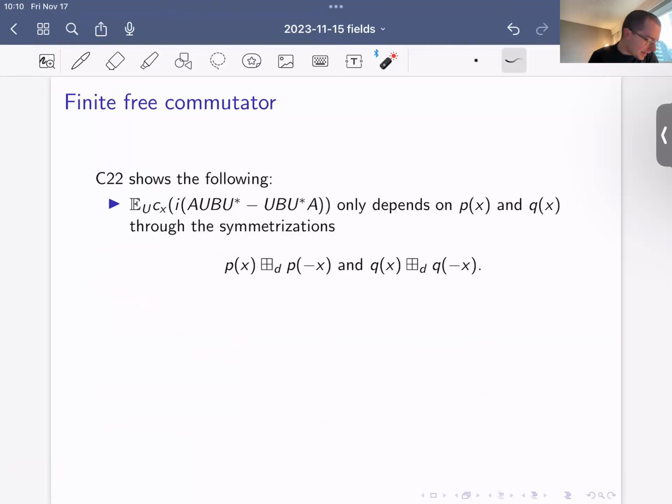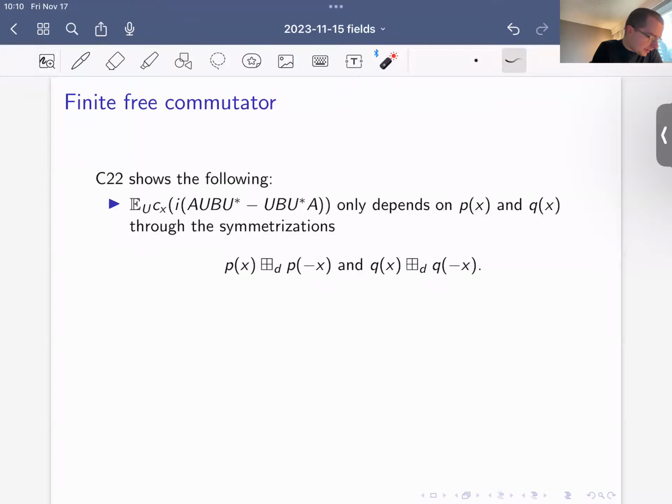The first one is that this expected characteristic polynomial of the commutator, and actually, I should mention this i here. This i is meant to make this matrix self-adjoint. So in free probability, this is commonly used when studying the commutator because it's convenient to make it self-adjoint.